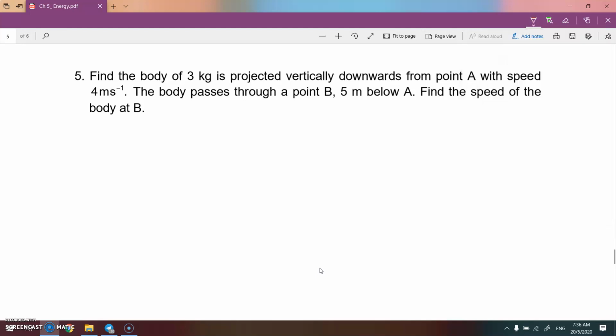Question number 5. An object of 3 kg is projected vertically downwards from point A with a speed of 4. The body passes through point B, 5 meter below A. Find the speed of the body at B. So at A, your kinetic energy is half mv squared.